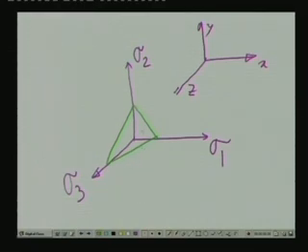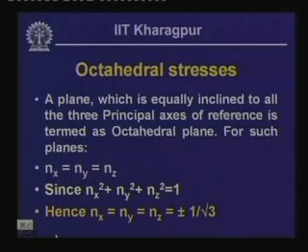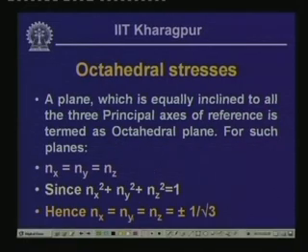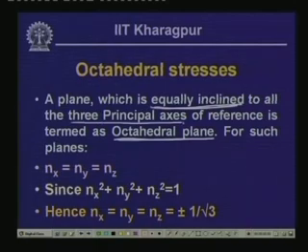And since this particular plane is equally inclined to these reference planes, the direction cosines of this particular plane, n x, n y and n z, are going to be the same. So, this is what is indicated here: the octahedral planes, which are equally inclined to the reference principal axes, have the direction cosine values n x, n y and n z all equal.